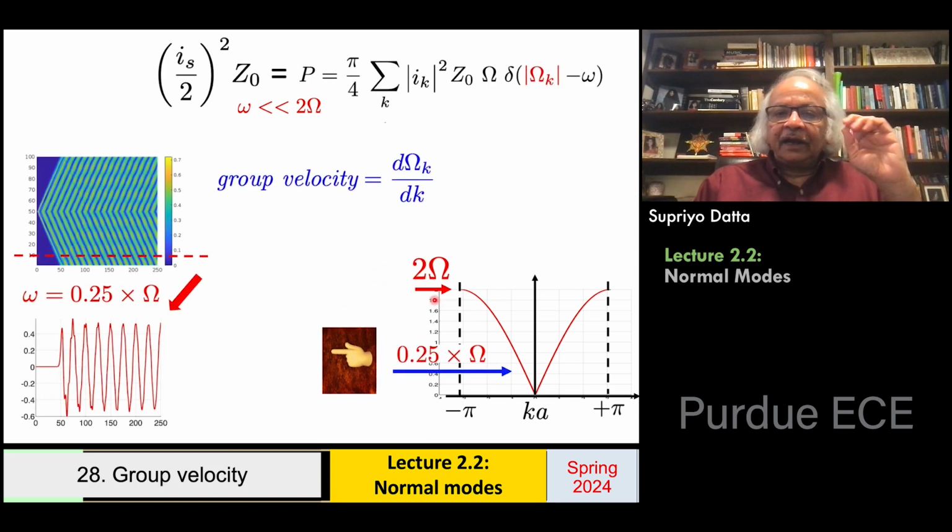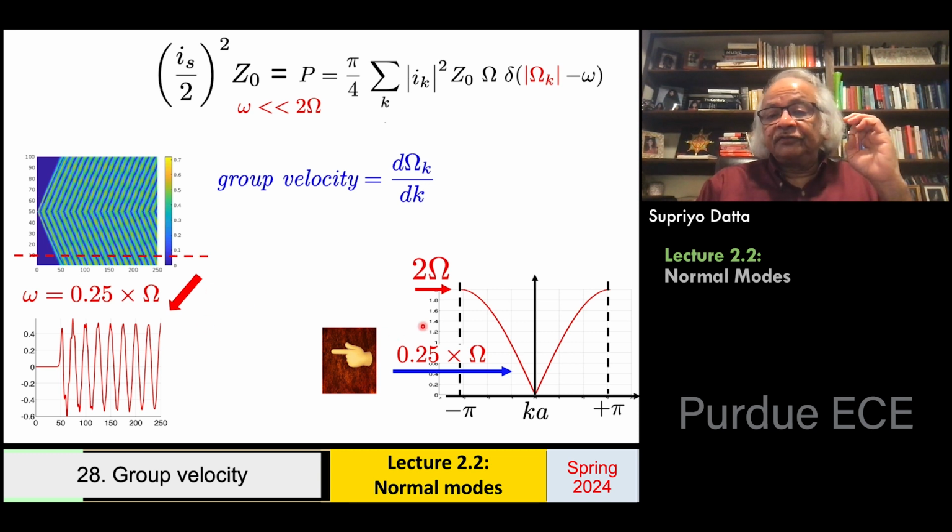Because you may recall from some early physics courses that waves have what we call the group velocity, which is actually the slope of this curve. And down here, because it's linear, there's a nice fixed velocity. So when you use a frequency down here, what is relevant is this region of the curve, and there you have a nice well-defined group velocity, and you see this behavior that I showed you earlier. If you plot the things, you'd see these peaks and troughs, which are all propagating with a constant velocity.